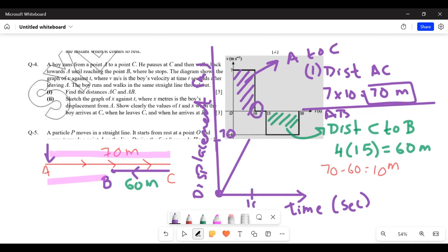So this would be 10. The displacement is 70 when the time is 10 seconds. Then for the next 5 seconds, we see that he was at rest. So then the line stays straight. The displacement is still 70. So straight line till 15.